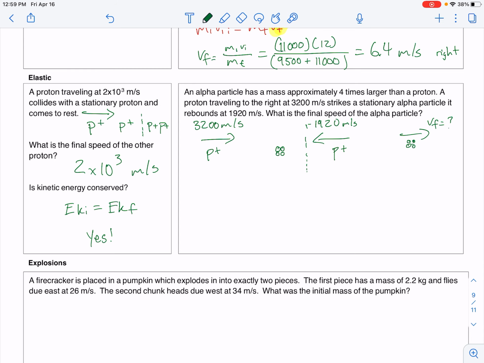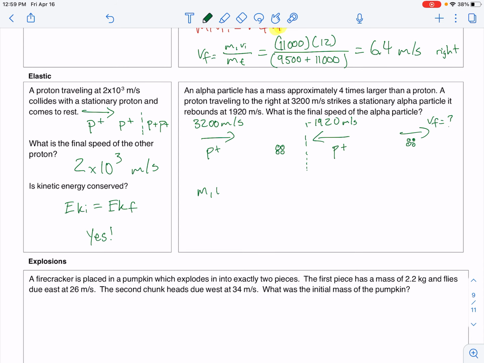So we can look at the momentum of our proton initially plus the momentum of our alpha particle initially, which is just 0. It's going to equal the momentum of each final.